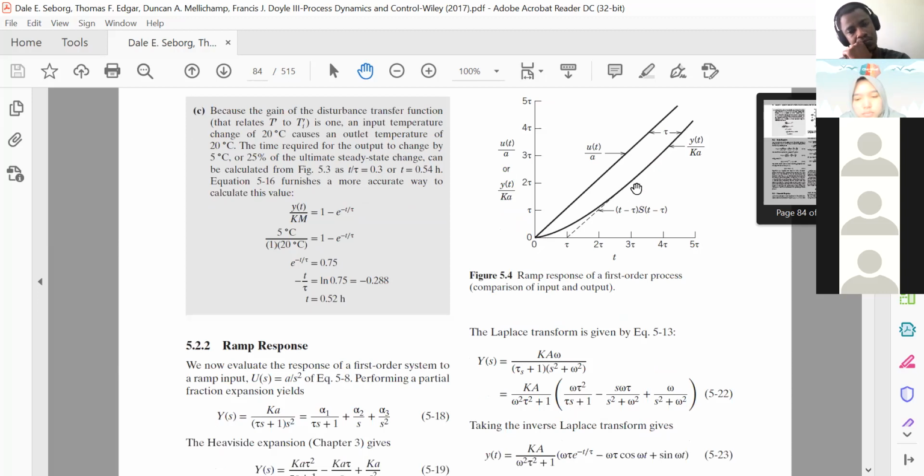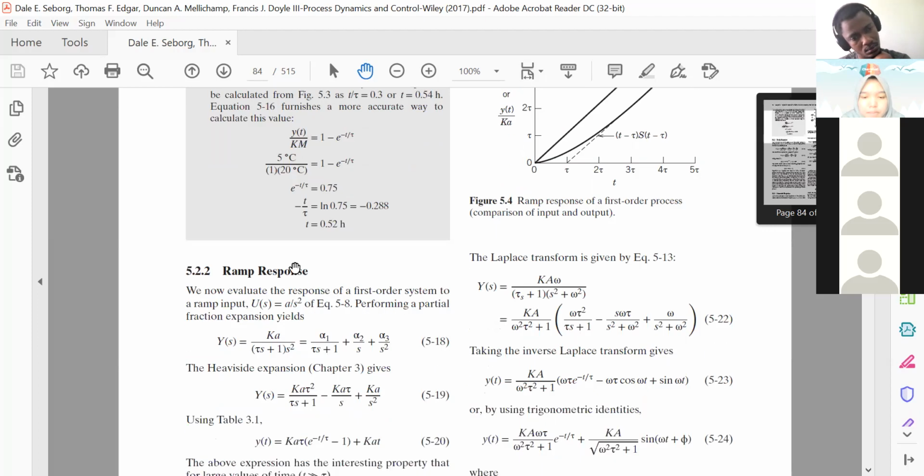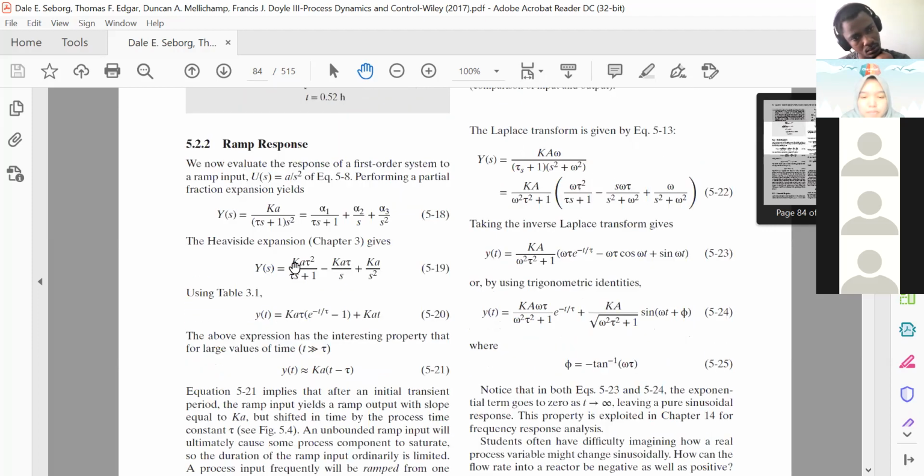See, this is a parallel line. So when t goes to infinity, you will have a straight line over here, with a slope of K A. So that's the ramp response, and I will have to stop here.